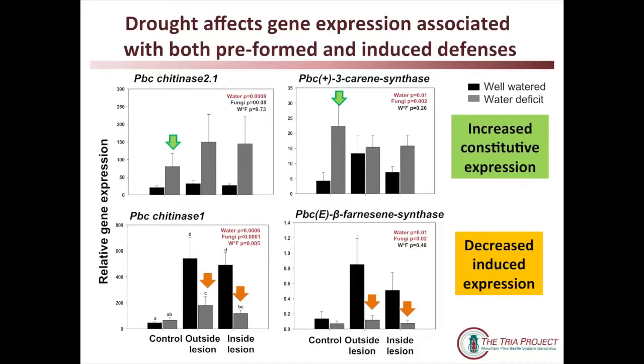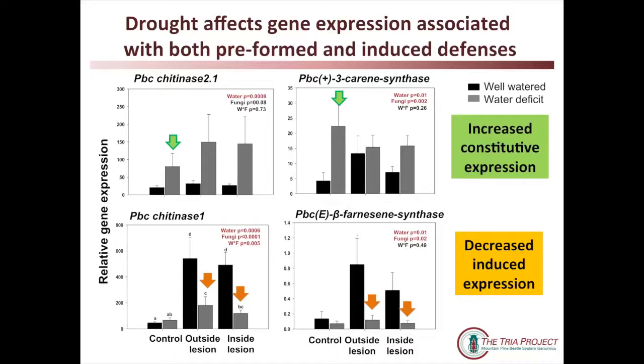So for some genes we see that, for example, this chitinase, which is a nitrogen-based response, we see under water deficit an increase in expression of a constitutive response. In this 3-carene synthase gene, which is part of that pitch synthesis, we see again the increased response under water deficit, so increased defense at the constitutive level.